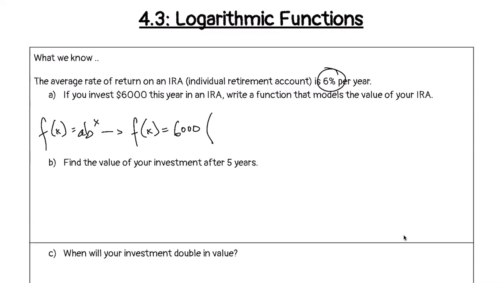But instead, we had to use that formula, 100 plus 6% because we want to make sure this money is growing, and then we divide it by 100 to turn it into a percent. And that was raised to the power of x. And then we wanted to clean that up a little bit so we could use the equation more easily. So we got 6,000 times 1.06 to the power of x.